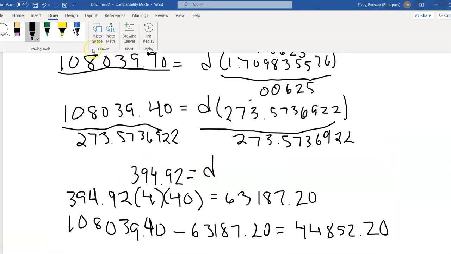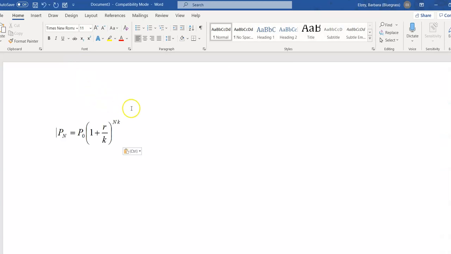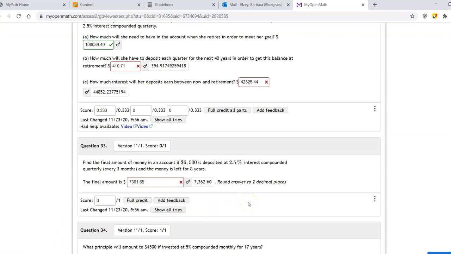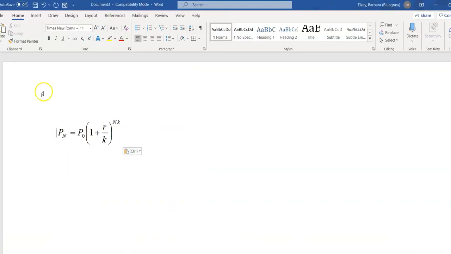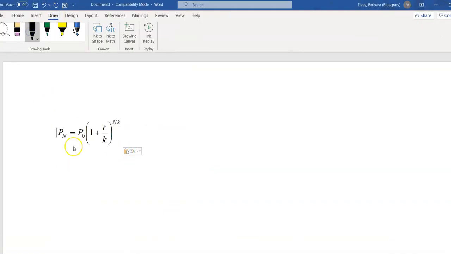All right, I think I'd better get a new sheet. Okay, so going back, we are putting $6,500 into the account. That's going to be our P. We are depositing at 2.5% interest quarterly, so 4 times a year, and we're going to leave it for 5 years. All right, so let's fill into this thing using my draw feature.